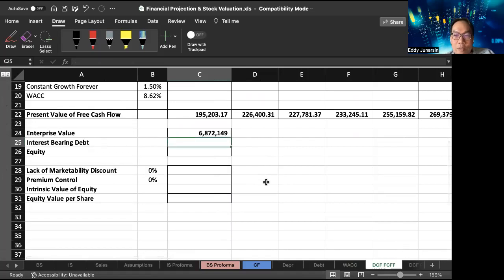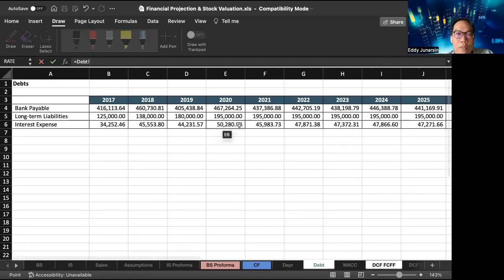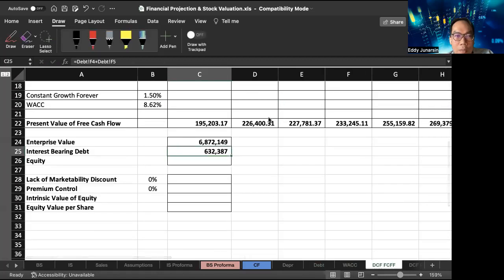Interest-bearing debt, say interest-bearing debt in 2021, or you can use 2020, 2021. If you use 2021, for example, it would be this much. Yeah. So what is the market value of equity? The difference, right? The market value of equity.